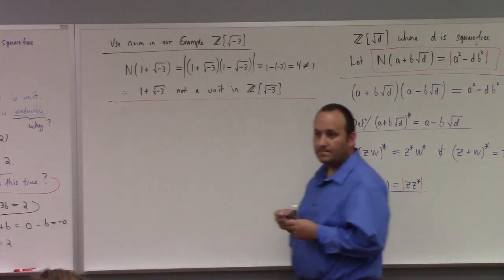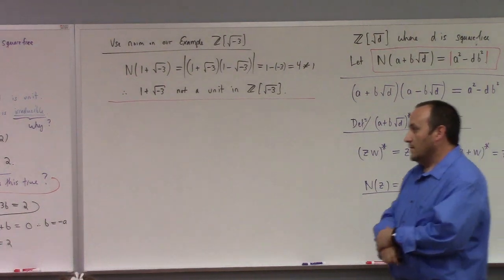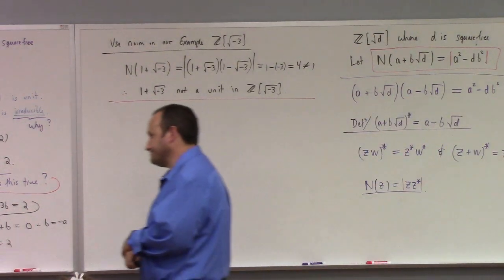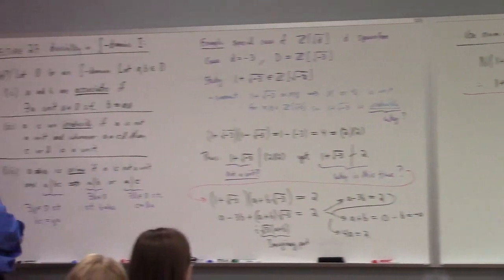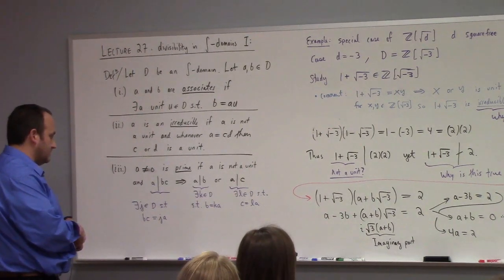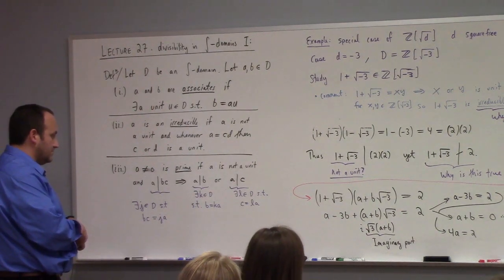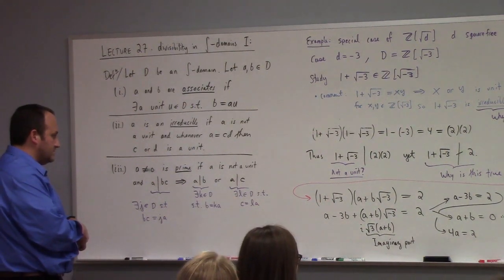Yeah. So I just want to clarify. The definition of prime: if A divides BC, A has to divide B or C for all possible pairs. Like you take 4, A does divide 4 in our example over here, but it doesn't divide 2, and that's why it's not prime. It has to divide at least one of the factors.